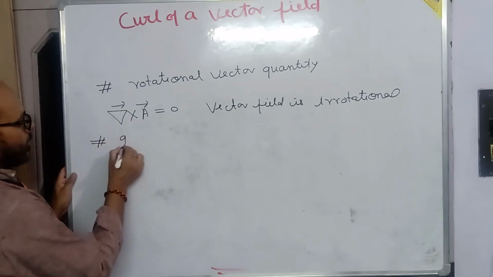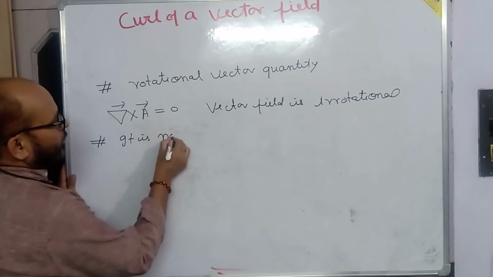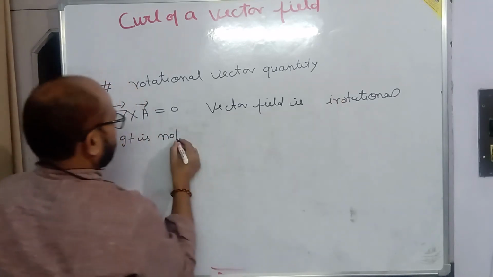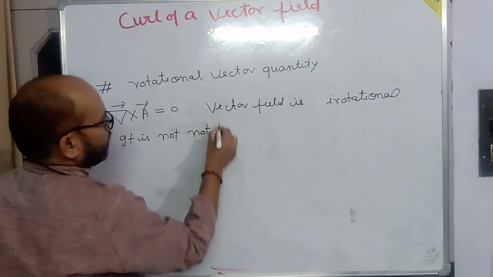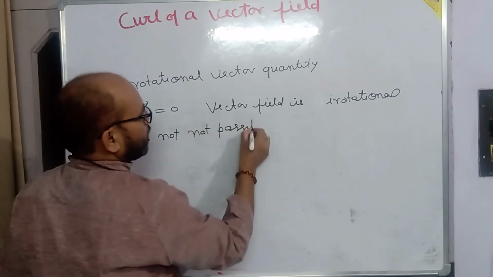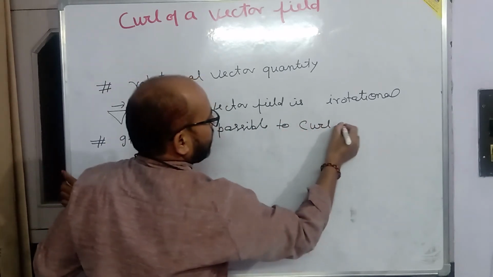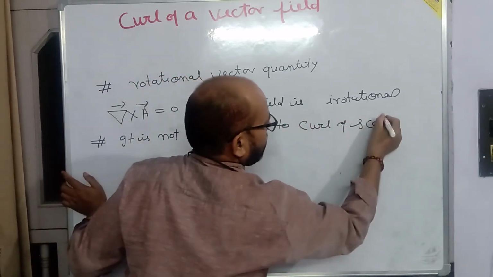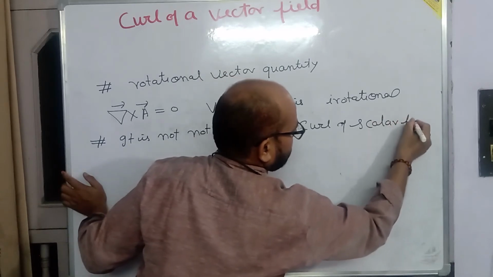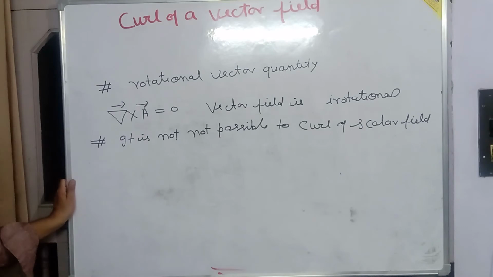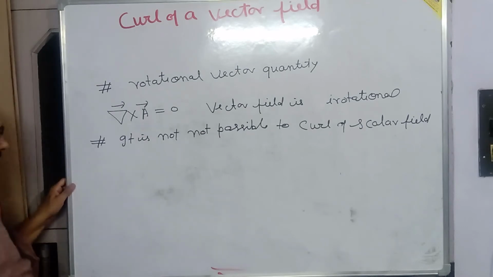It is not possible to take the curl of a scalar field, right?